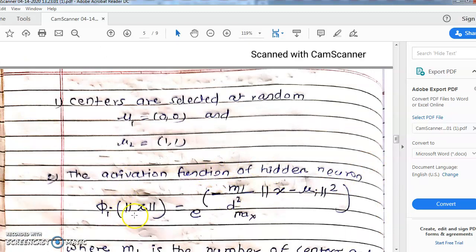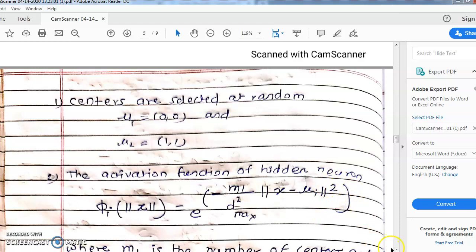Phi i is represented using the magnitude of the distance of the data point from the center, which is e raised to minus m1 divided by d max square, times the magnitude of x minus mu i, squared. This is a vector, and this term represents the magnitude.